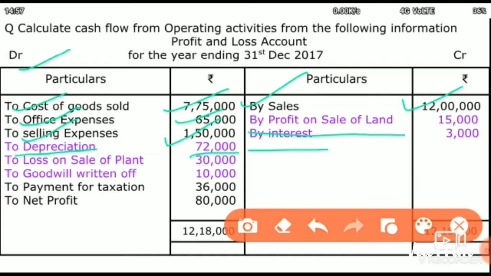We also cannot take loss on sale of plant, as that is a non-operating item, and goodwill written off is also a non-operating item. So these three items, depreciation, loss on sale of plant, and goodwill written off, will not be taken under cash outflow from operating activities, as these are non-cash and non-operating items.